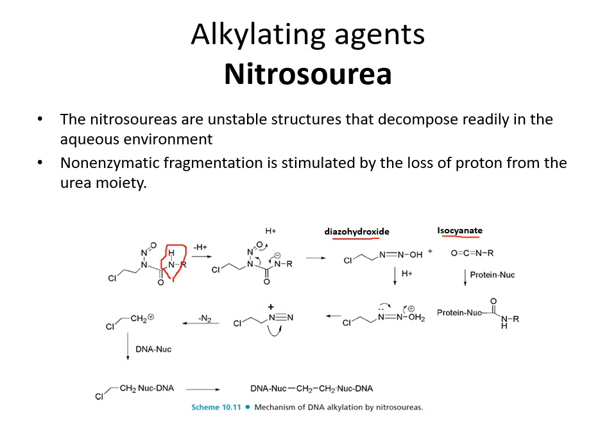The diazo hydroxide has a diazo group, which is N double bond N, and then we have the hydroxy group attached to it. That's why we call it diazo hydroxide. And then we have the isocyanate, which is basically a carbonyl with an amine attached to it. So this is the spontaneous decomposition of nitrosourea at physiological pH.